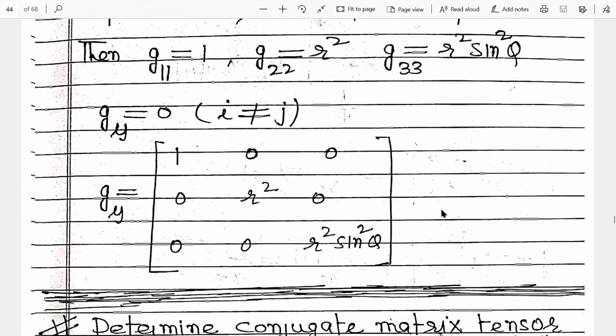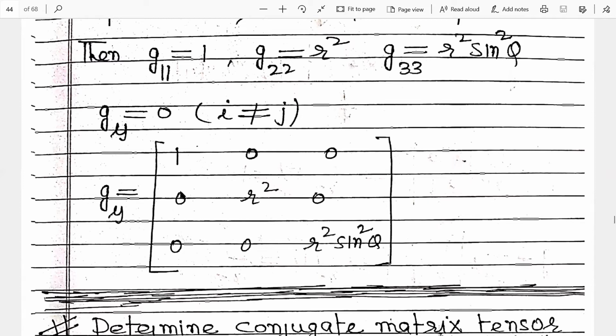So remember one thing: if only the diagonal entries are non-zero and the other entries are 0, these coordinate axes are orthogonal.